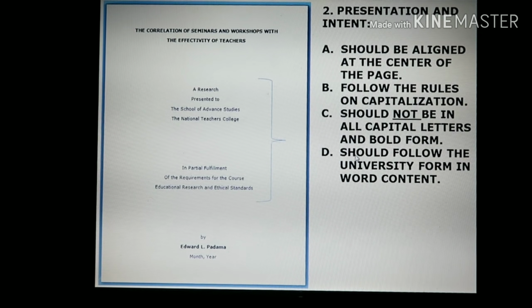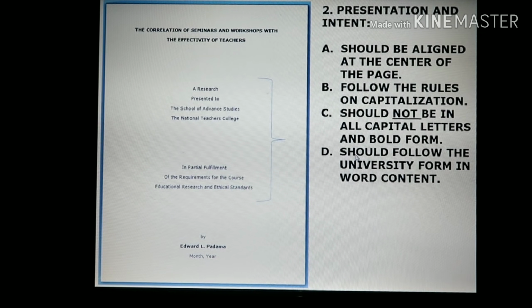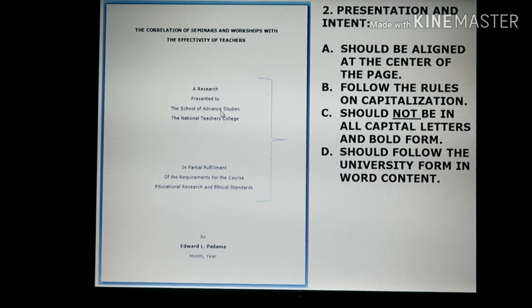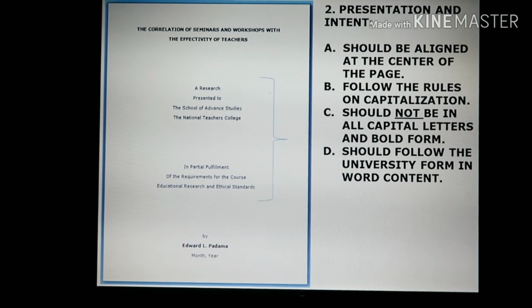So next, letter D, it should follow the university form in word and in content, meaning you have to change the following information in order to be able to adapt with the requirements of your respective schools, level, department, or college. So that was discussed earlier.